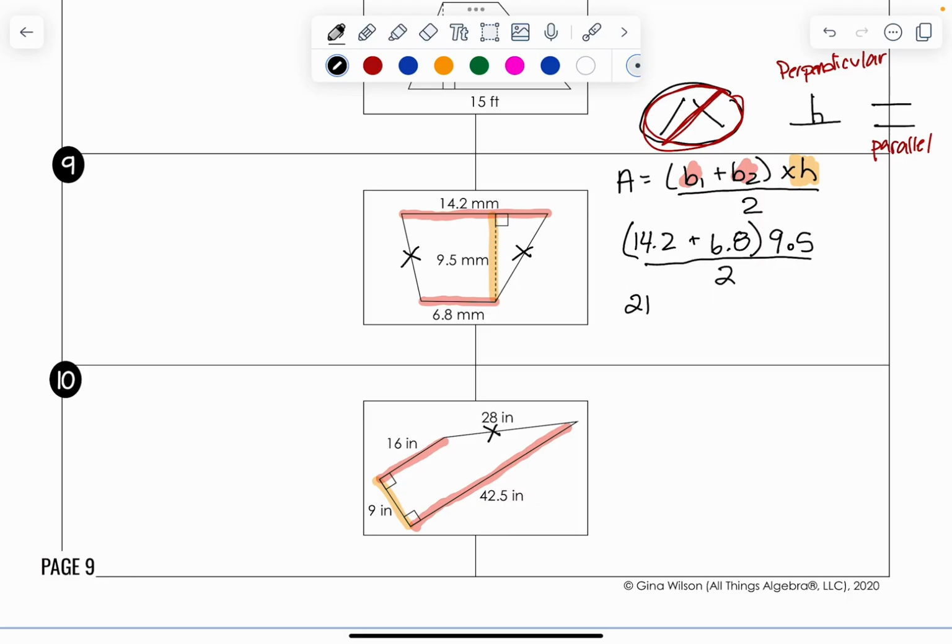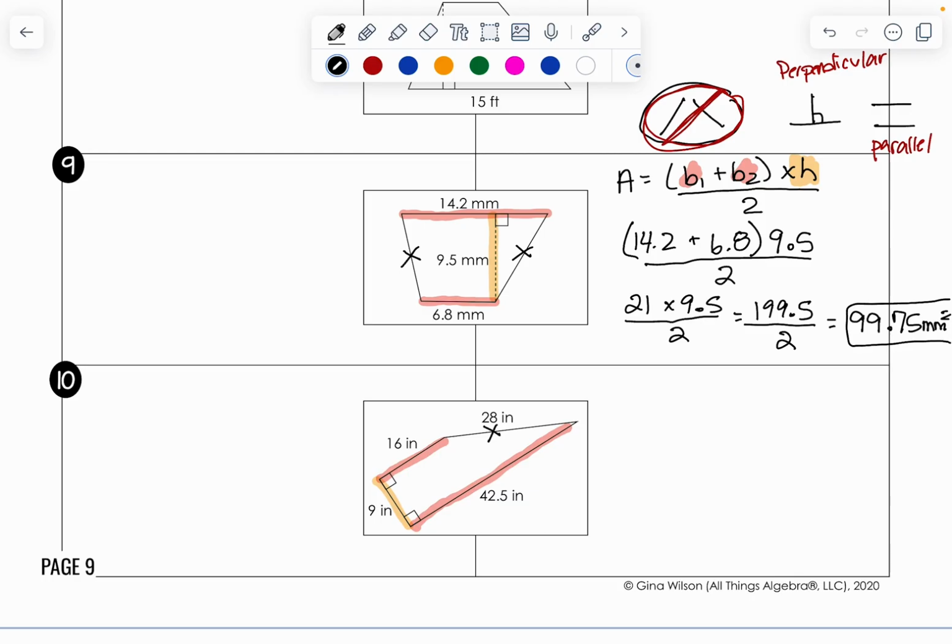Now I have 21 times 9 and 5/10 divided by 2. 21 times 9 and 5/10 is 199 and 5/10. When I divide by 2, I get 99 and 75/100. It is area, so it should be millimeters squared.